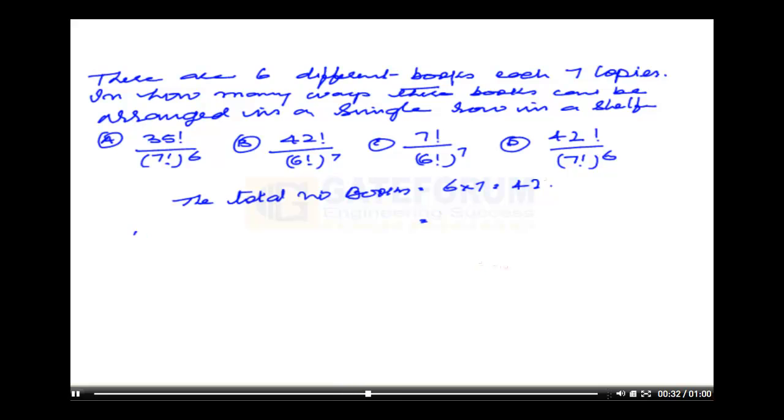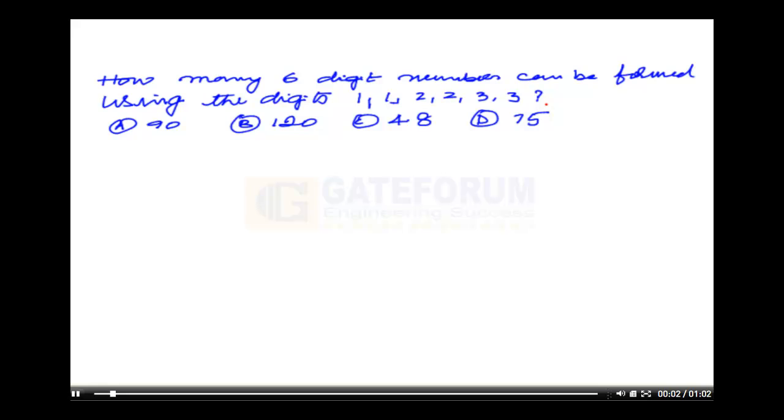Therefore the number of arrangements, meaning arranging these books on a shelf, is 42 factorial by 7 factorial for each of the 6 different books, raised to 6. Therefore your answer is D.